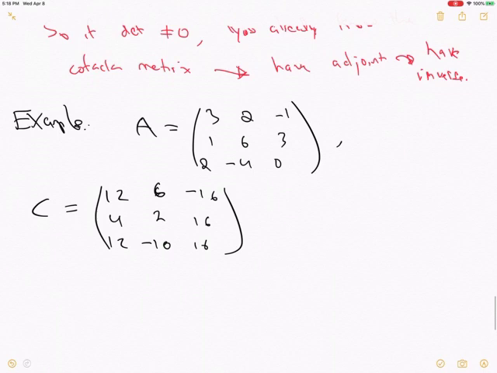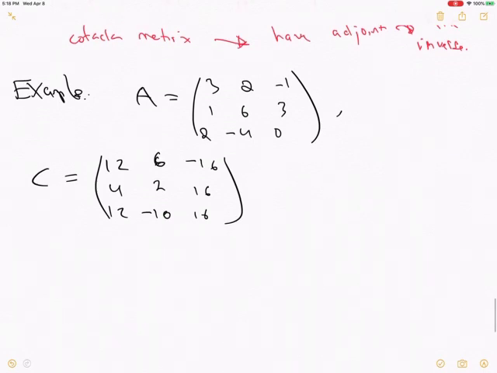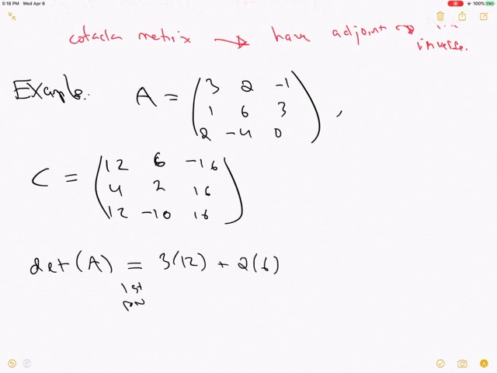Okay, so now we can put these two together, so we can find the determinant of A. We can expand along, say, the first row. So that means we're going to do 3 times 12 plus 2 times 6 minus 1 times minus 16.